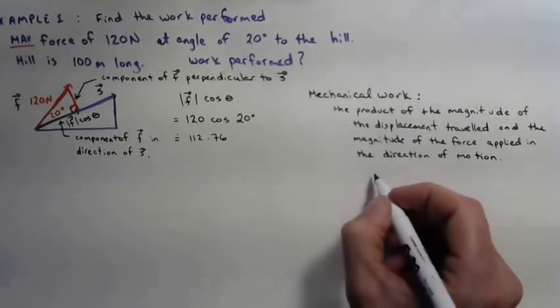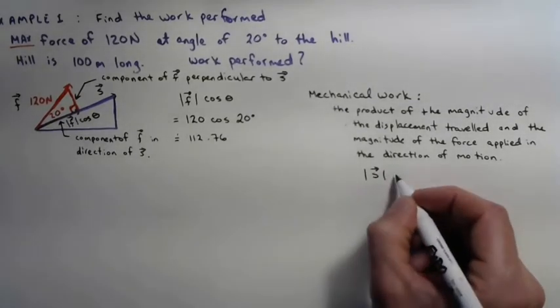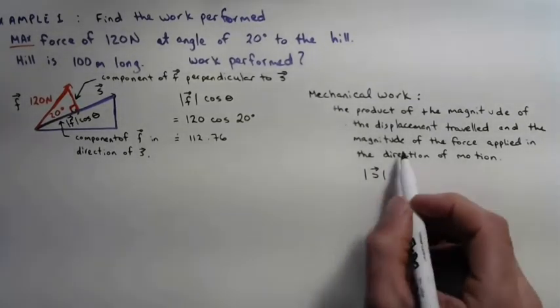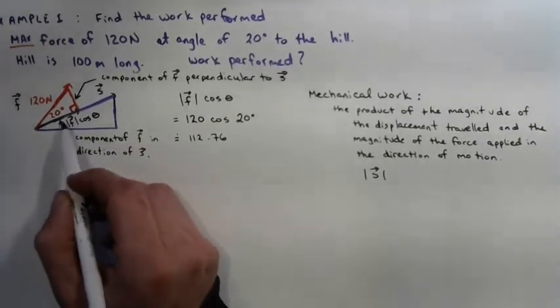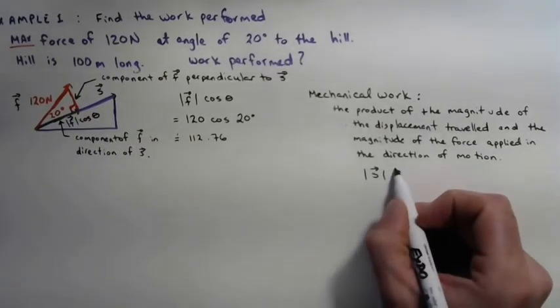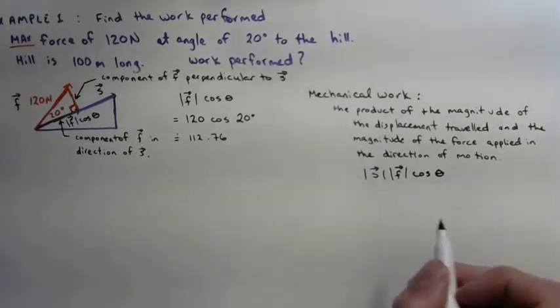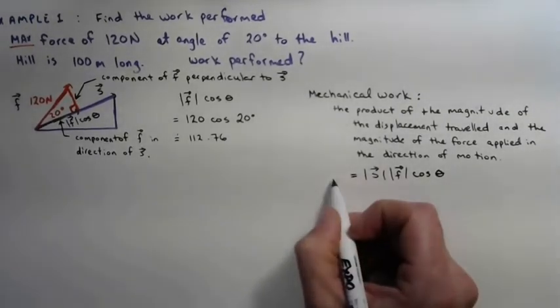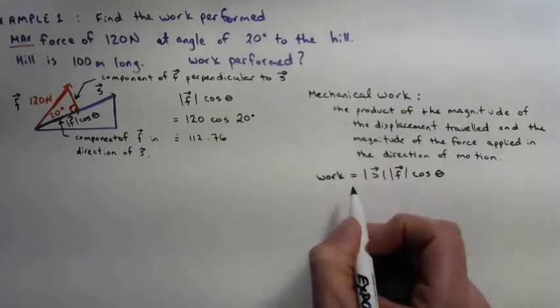All right, so that is the magnitude of the displacement traveled times the magnitude of the force applied in the direction of motion, which is the magnitude of F times the cosine of theta. All right, so this is the formula for the amount of work being done.